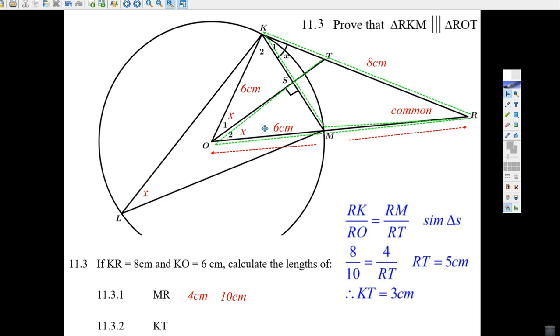And we've already done this before. O2 is x and K1 is x. So we've got another angle, K1 and O2, that are the same. If we show that two angles match up, the common angle and these two angles x, then we can say that triangle RKM is similar. And the reason is angle, angle, angle. That's the reason that these triangles must be similar, because we matched up two pairs of angles. Okay, well that's it. There you go.